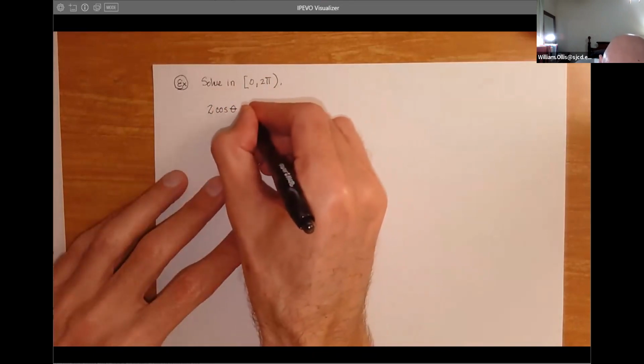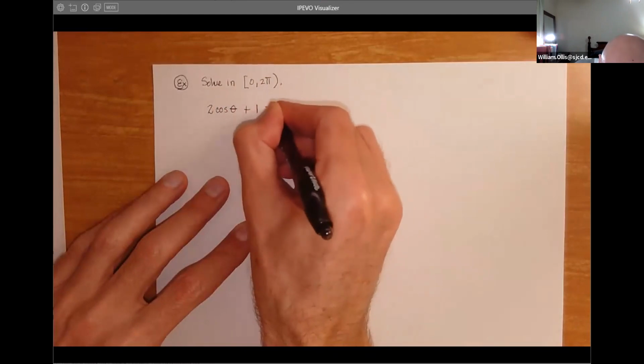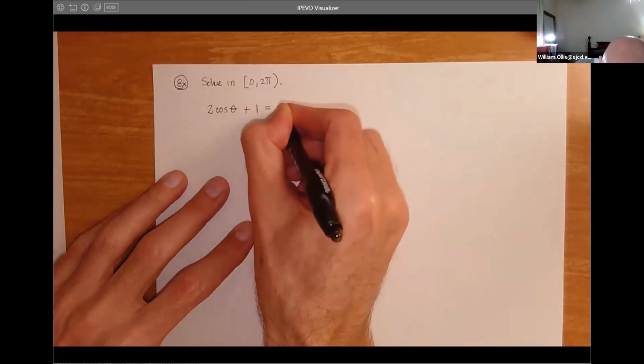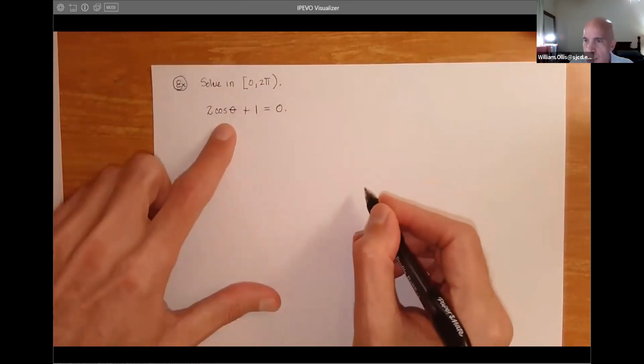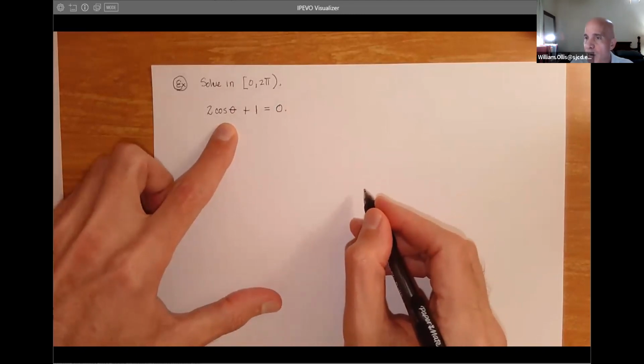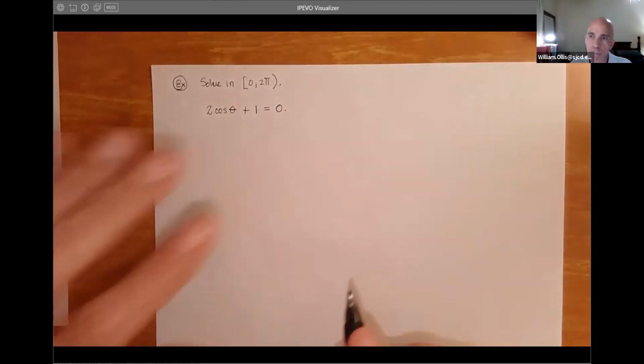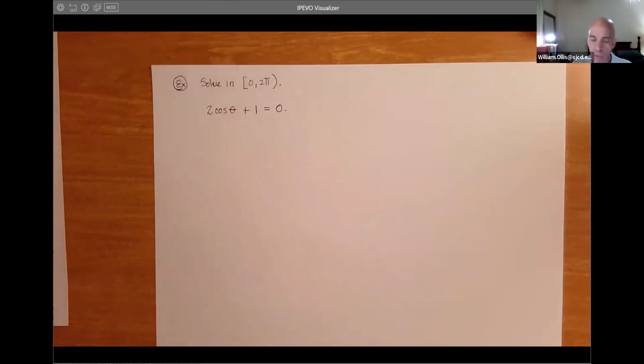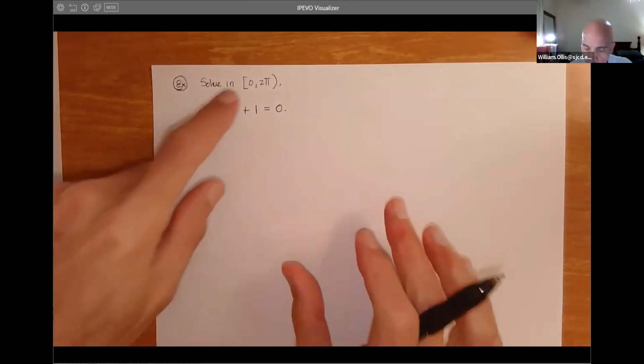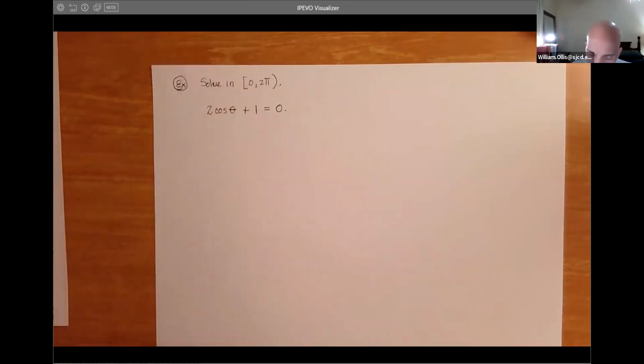Let's see here. We'll say 2 cosine theta plus 1 equals 0. Something like that. So you had some of these in section 4 of chapter 6, but I'm going to bump it up a little bit and say, well, you can do basic algebra. What does this mean? When you look at this and you want to solve it in the unit circle, you're thinking, those look like some nice numbers.